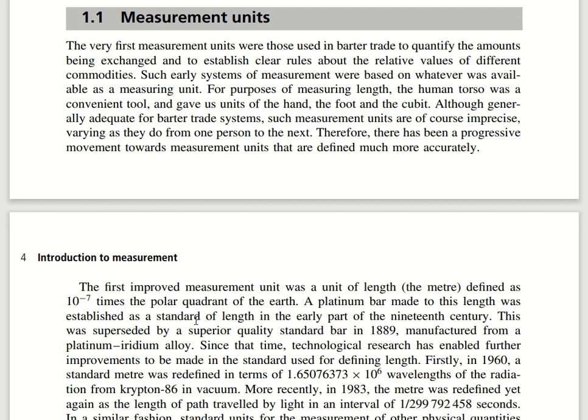Since that time, technology research has enabled further improvements in the standard used for defining length. First, in 1960, a standard meter was redefined as 1.65 into 10 raised to 6 wavelengths of a radiation from krypton 86 in vacuum.